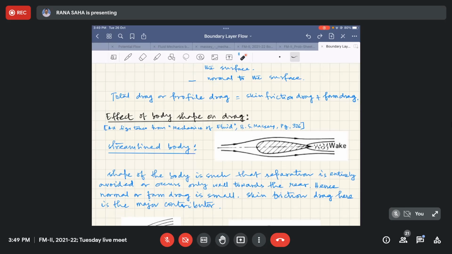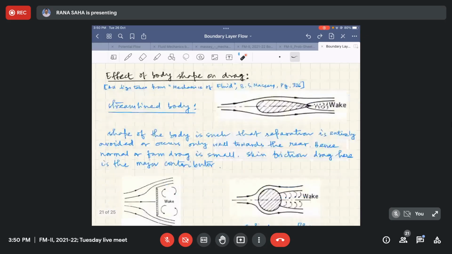Ultimately you need to reduce it, because both of them are of the same nature, in the sense that both of them oppose the motion. Isn't it? Both of them are opposing in nature, so you need to reduce.